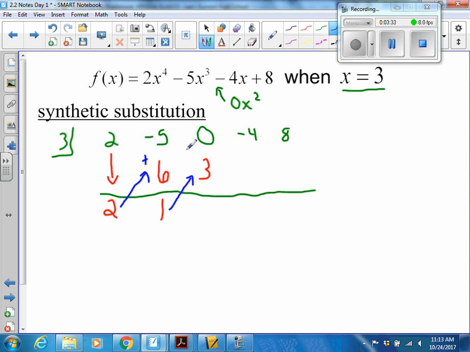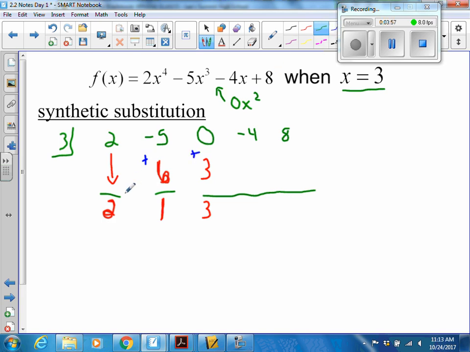Once again, we add our numbers. I'm going to erase this so you guys don't get too confused. There we go. So we do 0 plus 3, and we should get 3 as well. So we get 3 down here.